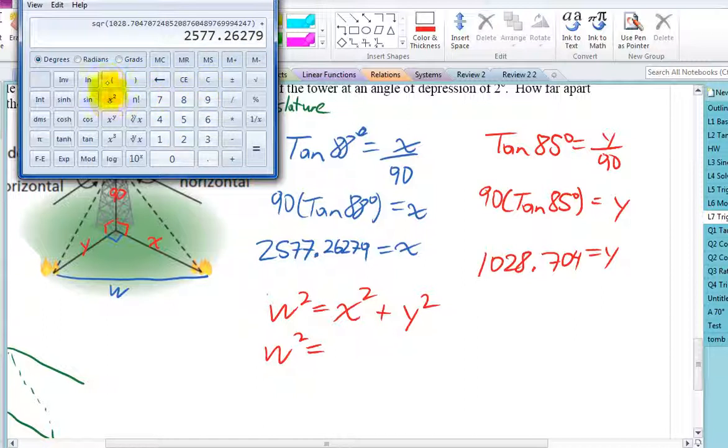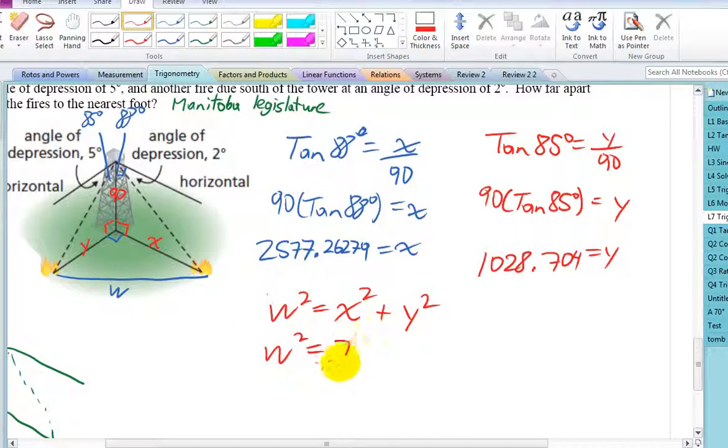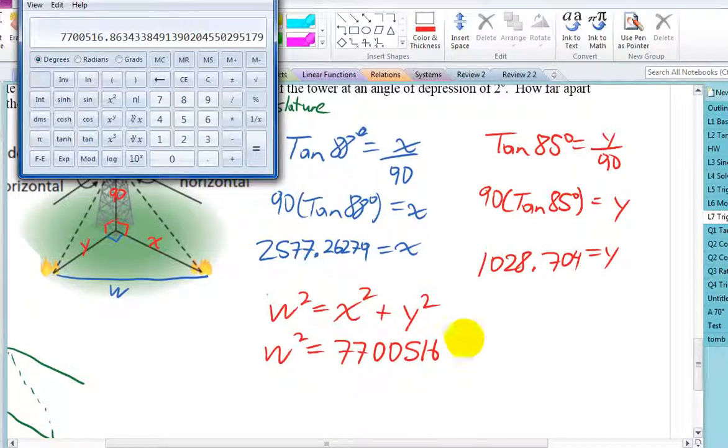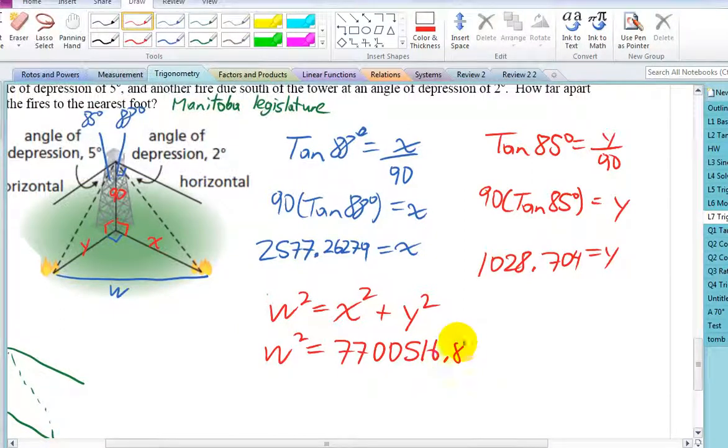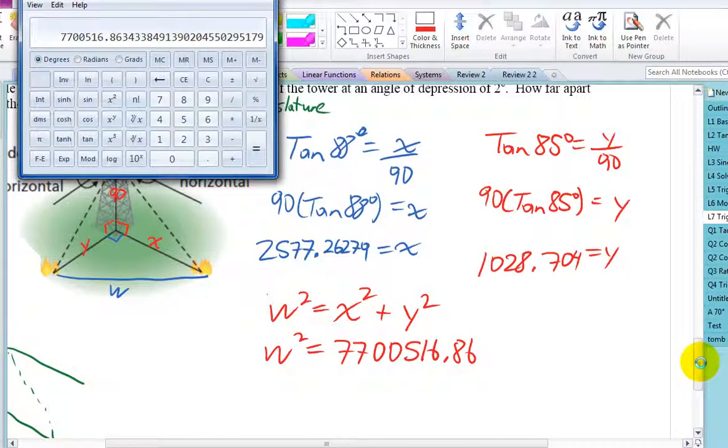If you know your quick little squared shortcut, it makes it easier. And so you should get a very large number, 7700516.86. Again, I don't want to get rid of my decimals. I want to try and keep it as accurate as possible. And then just square root that.